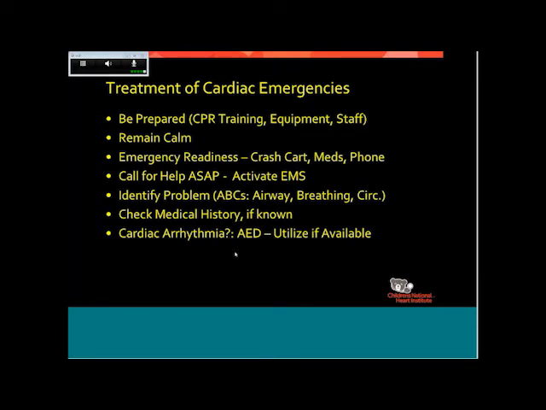So, in summary, on the treatment of cardiac emergencies, be prepared. Your office staff should have CPR training, the equipment and staff there, remain strong. Emergency readiness, I would reverse the order and say the phone is probably the most important emergency readiness piece of it. Call for help first, call EMS, and have a crash cart in your office with appropriate medication.